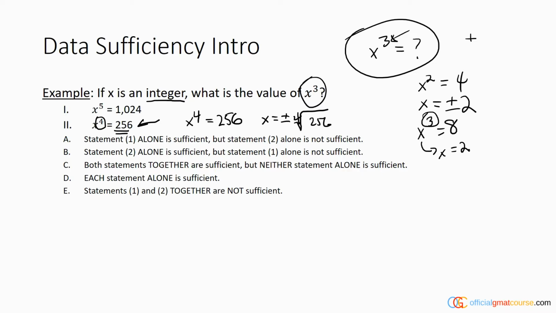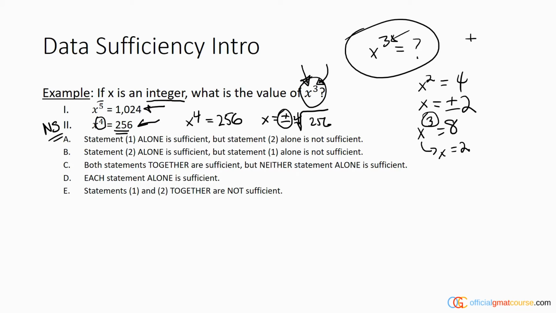I already know it's not enough information because I'm looking for x cubed, and x cubed is going to have the exact same sign as x. So I need to know if it's positive or negative from the start in order to answer this question. And this doesn't tell me that because I have two options here. But statement 1 is sufficient. So I'm going to write not sufficient, NS, for statement 2.